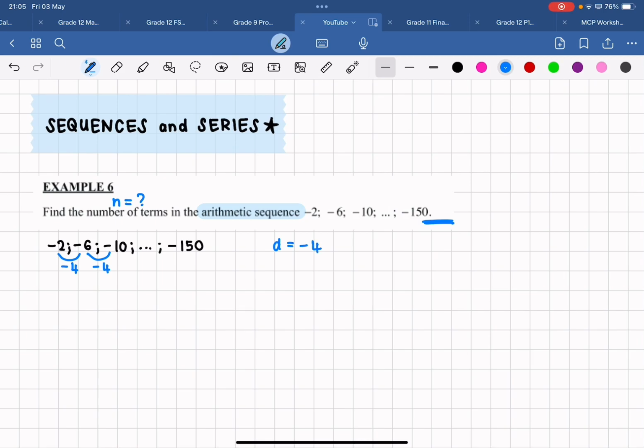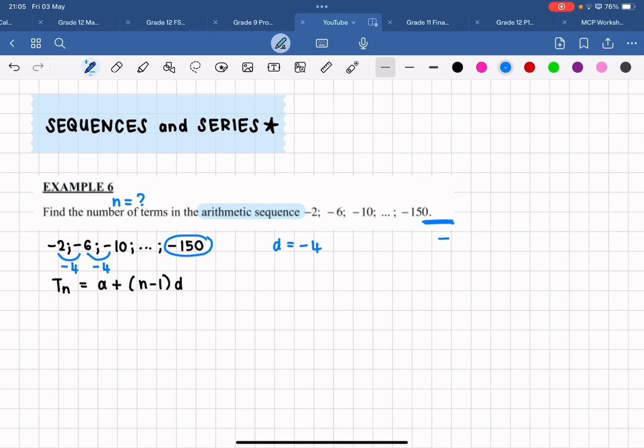Remember, since it is an arithmetic sequence, we are using the Tn formula, that is a plus n minus 1 times d. Now guys, in order to solve for n here, we are going to have to actually calculate which term -150 is in the number pattern.